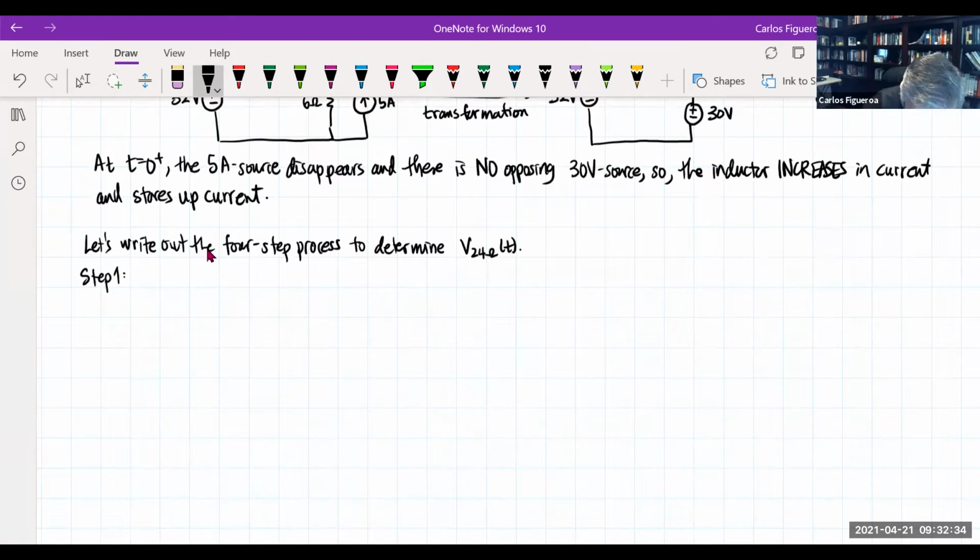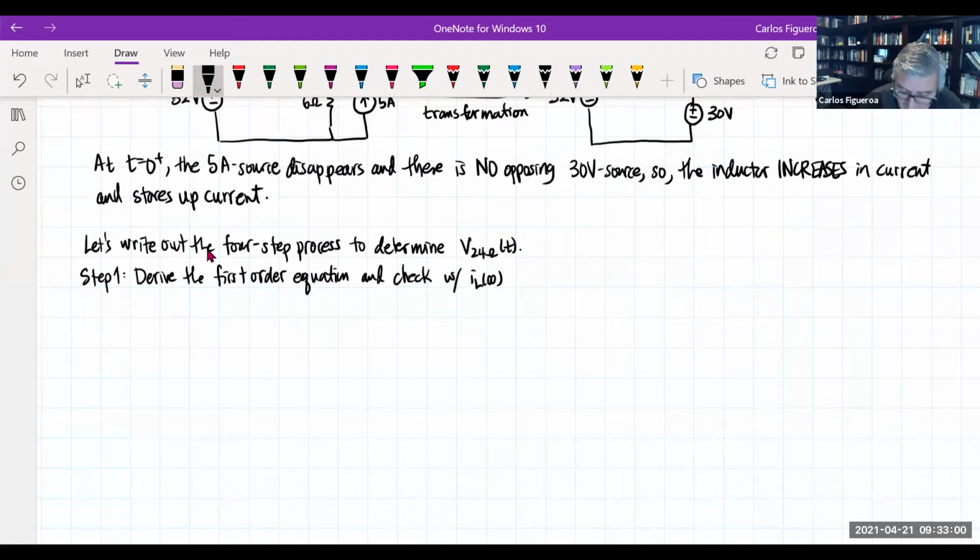What we're going to do here is derive the first order equation, and we need to check whether this first order equation makes any sense by looking at IL infinity.